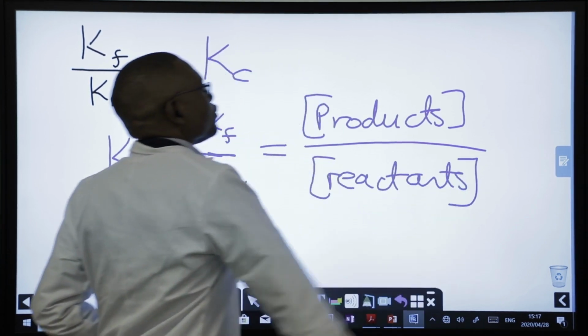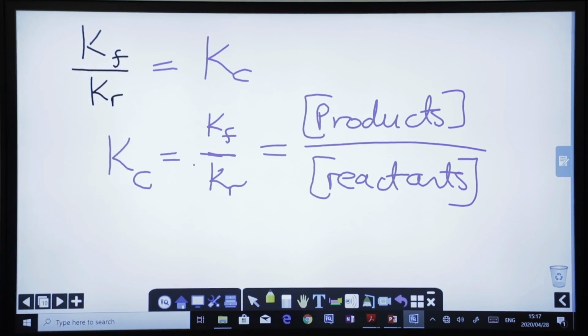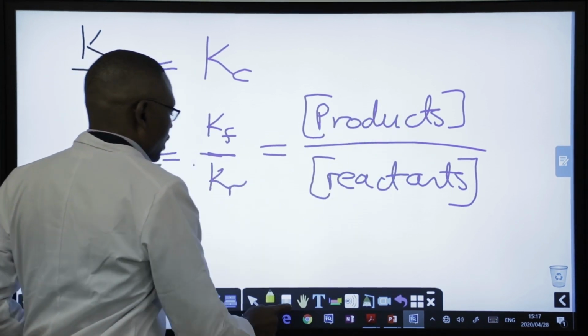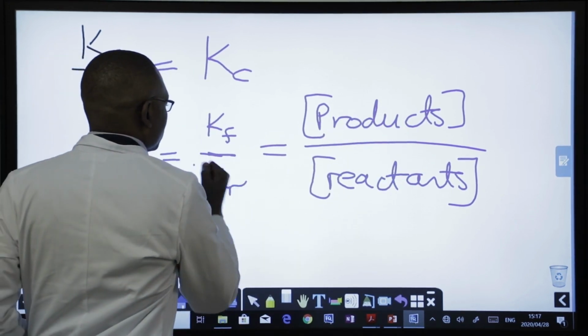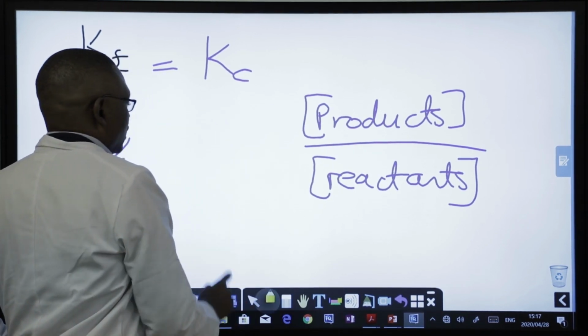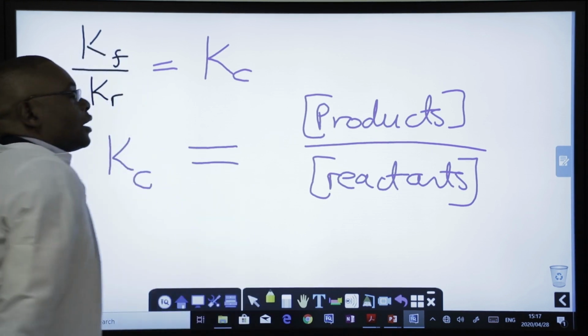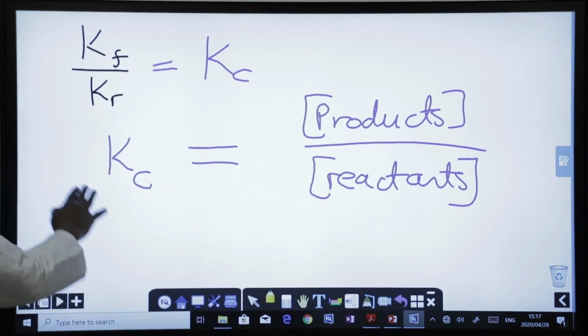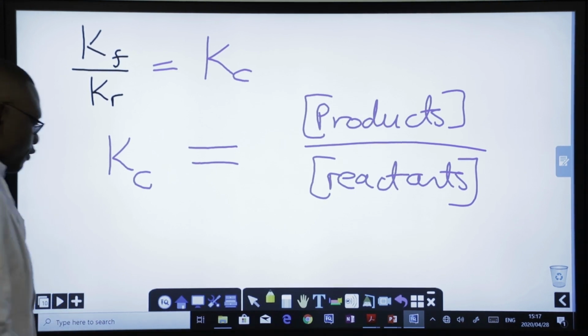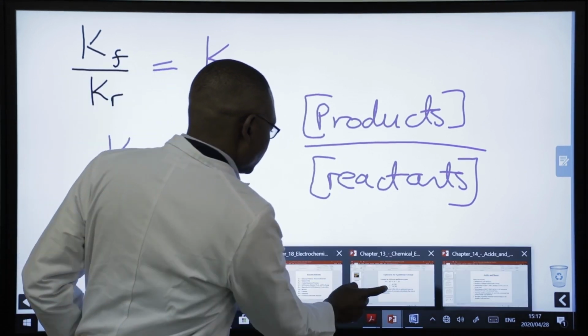So even if you look in your textbooks or in your study materials, you will see that they will give you this as a general rule or a first rule which you are supposed to observe all the time you are handling equilibrium, that Kc is always equal to the concentration of products over reactants.